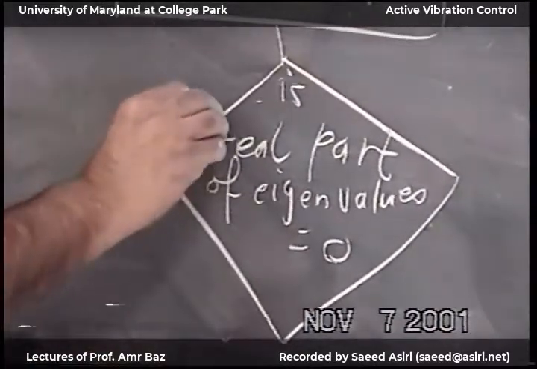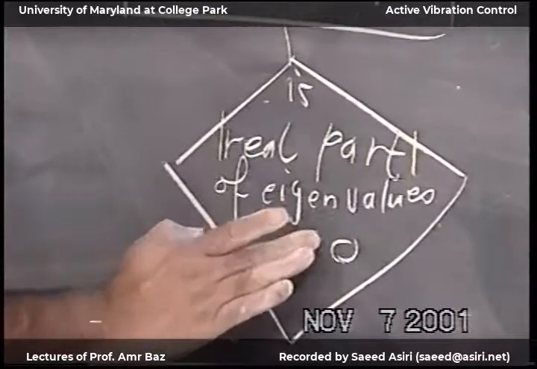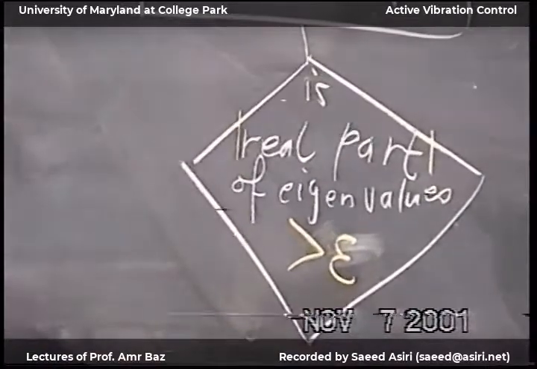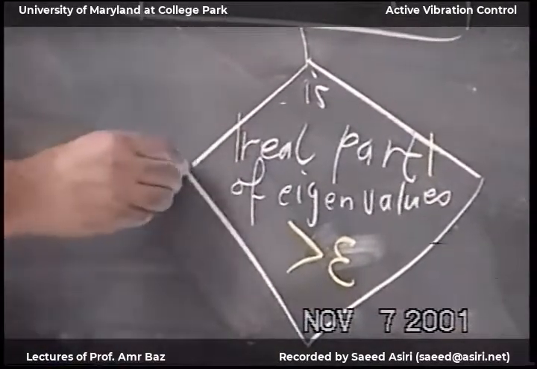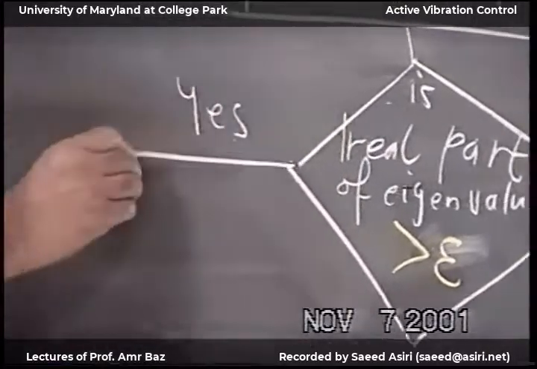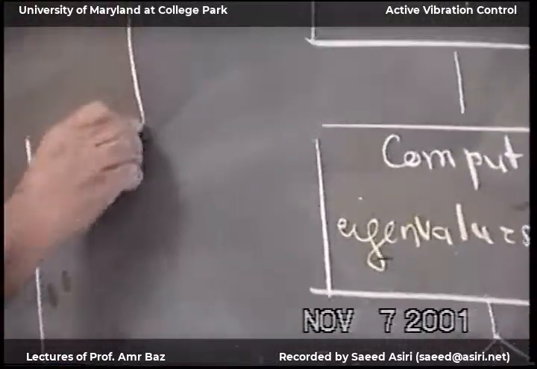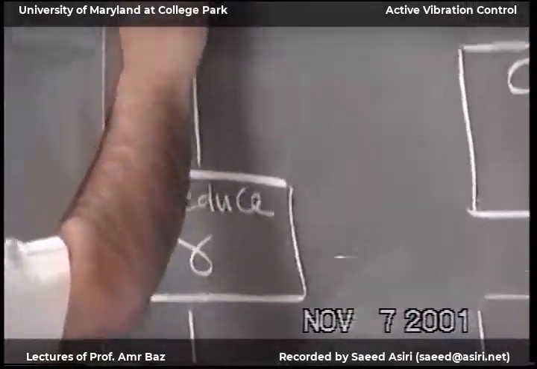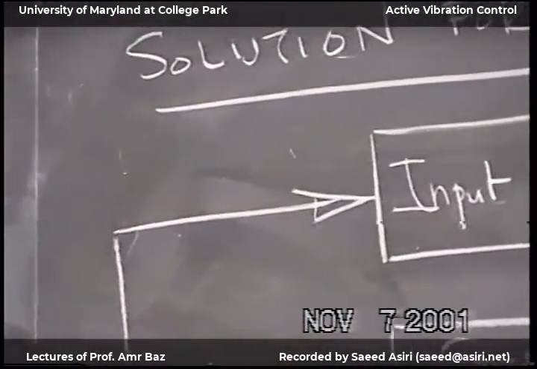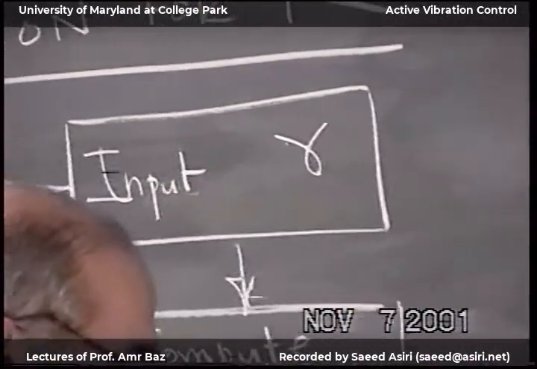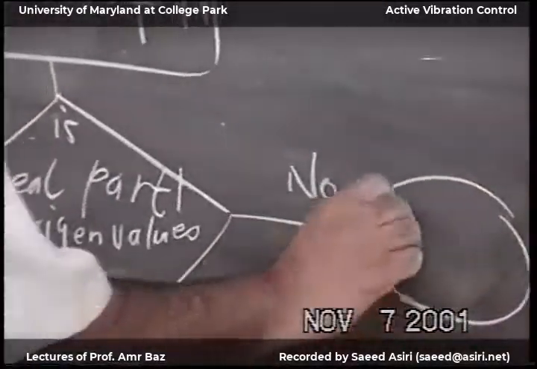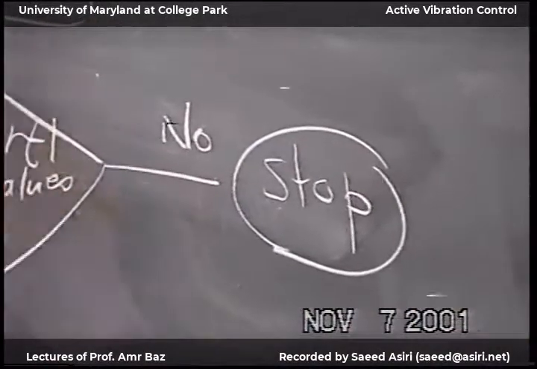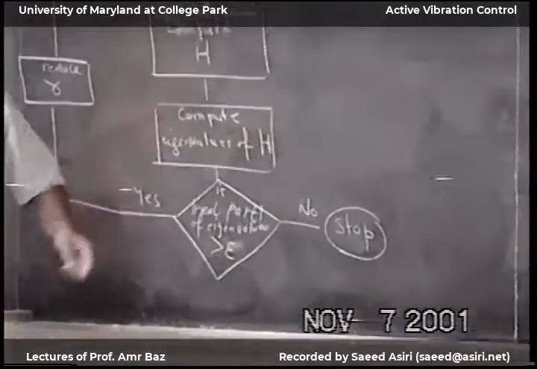Say, is the absolute real part of the eigenvalue greater than some epsilon. If it is yes, then we go and reduce gamma, and then we go back again here. And if it is no, then we stop. Once we stop, then we have here the minimum value of gamma.